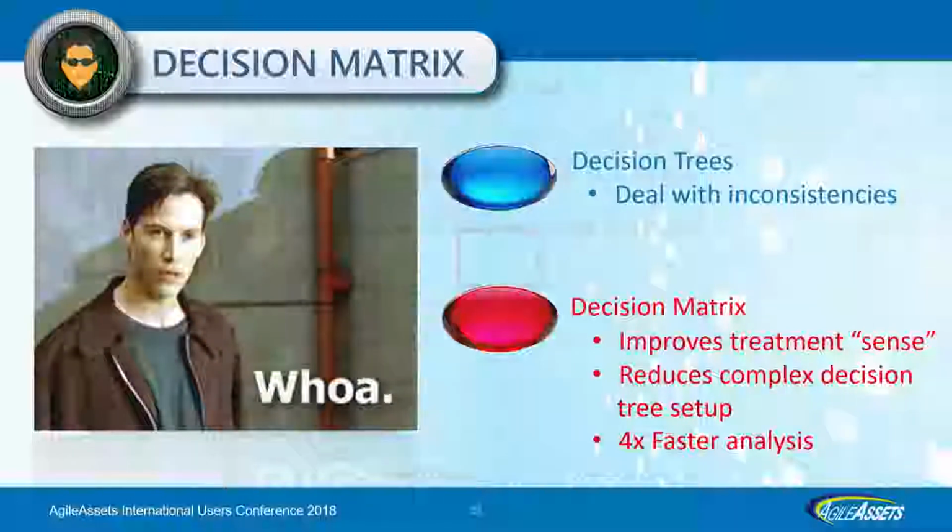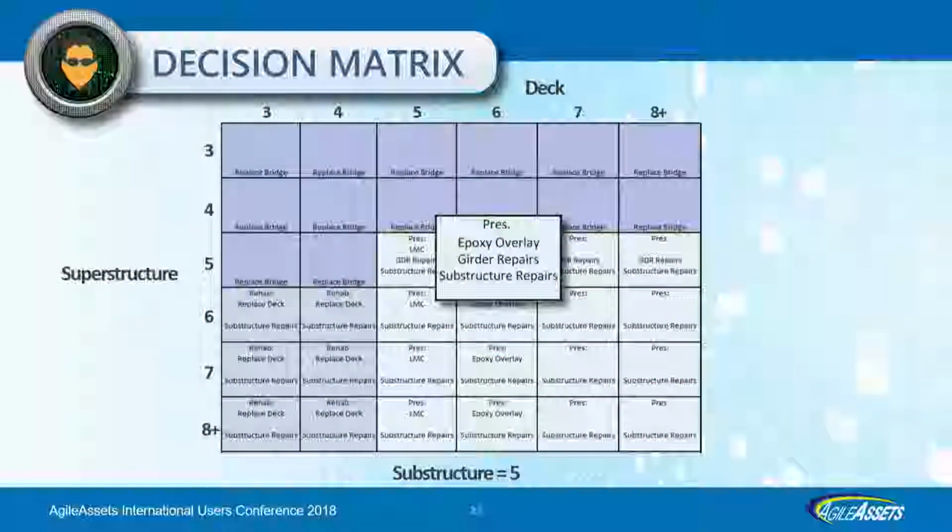So let's take a look at one matrix. Now, there's several of these, right? So if you look at this particular matrix, the substructure is equal to 5. That's on an MBI scale, 0 to 9. So if the substructure is equal to 5, in this case, it's fixed, it's locked in at 5. Basically, the package of treatments it puts together is going to be dependent on the superstructure rating and the deck rating.